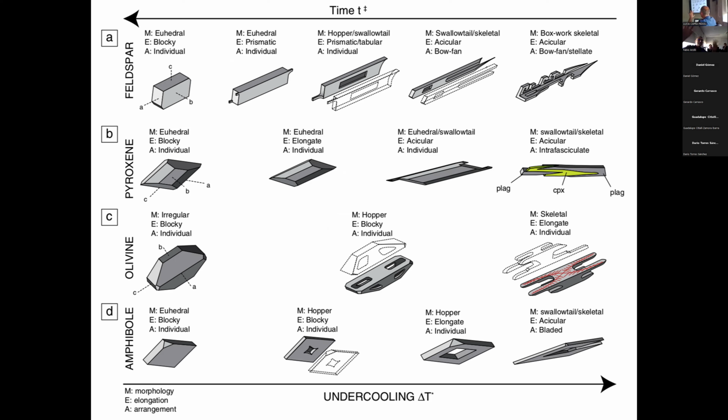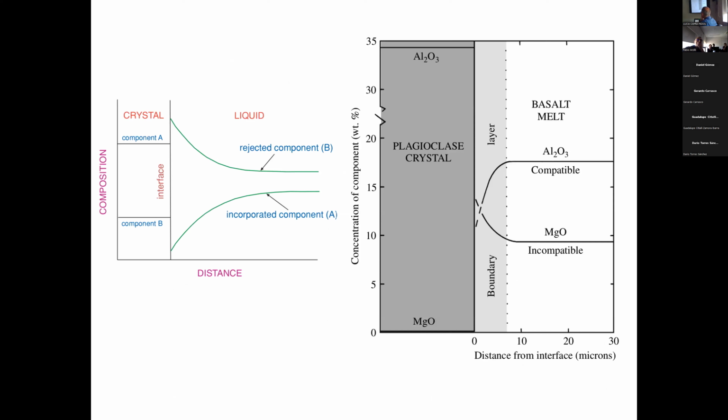So this is a nice way of looking at your thin section and saying, okay, I see these shapes more or less, yeah, low undercooling, intermediate undercooling, or large undercooling.